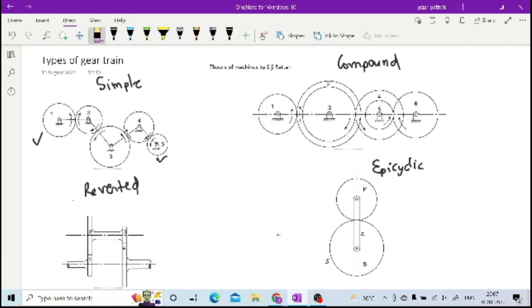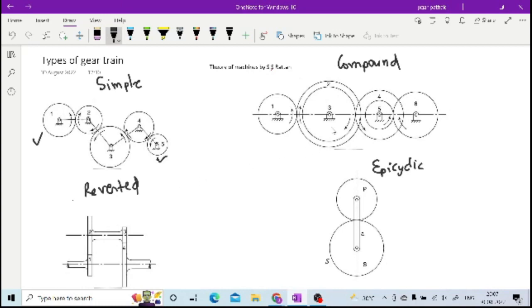Here we are having an odd number of shafts. So if you see, the direction of rotation for 1 is this, and for 5 it is also the same. Yes or no? It is the same, right? Okay, sir. So for an odd number of shafts it will be the same, and for an even number of shafts it will be opposite to each other.